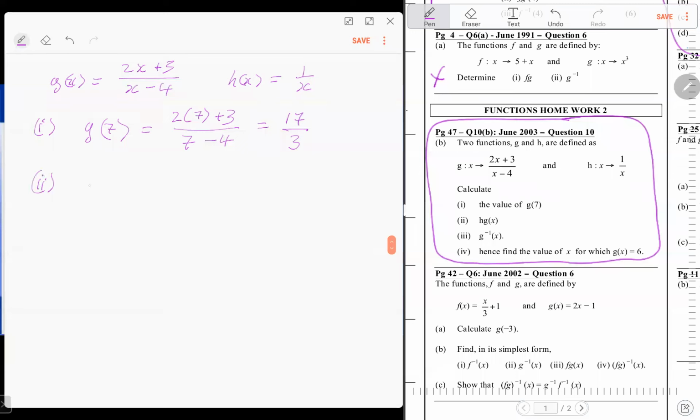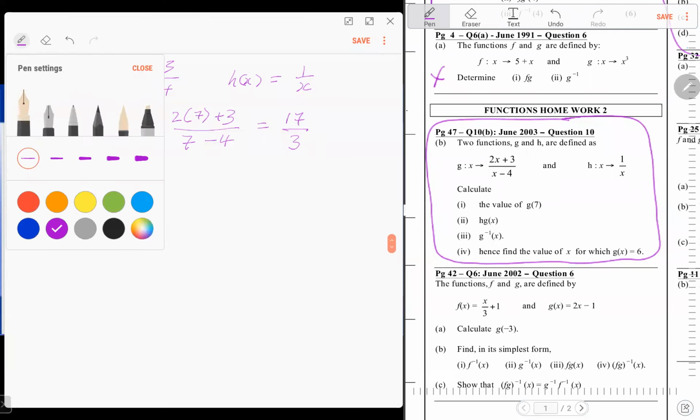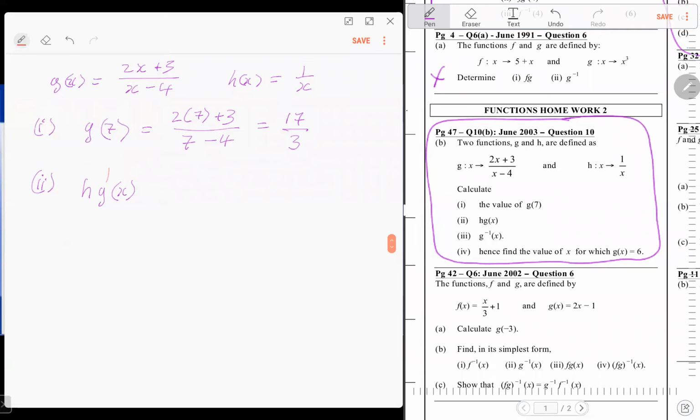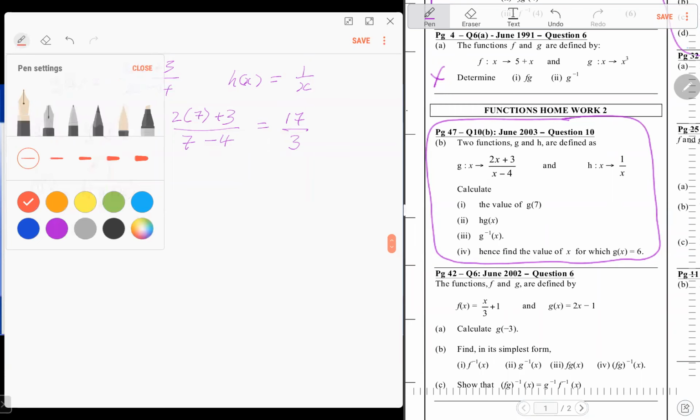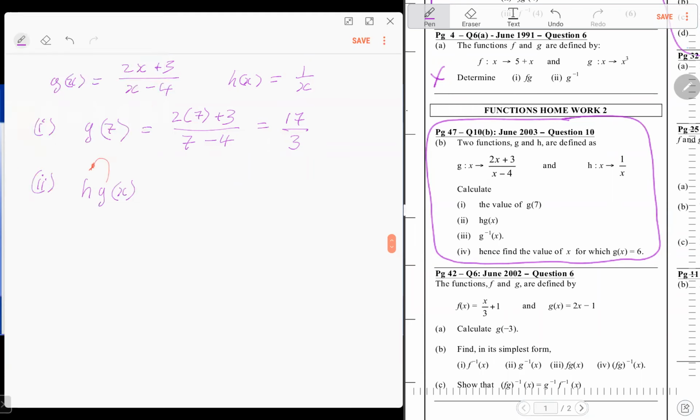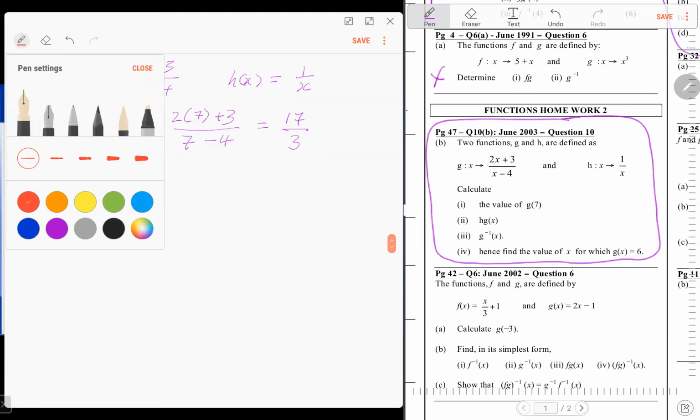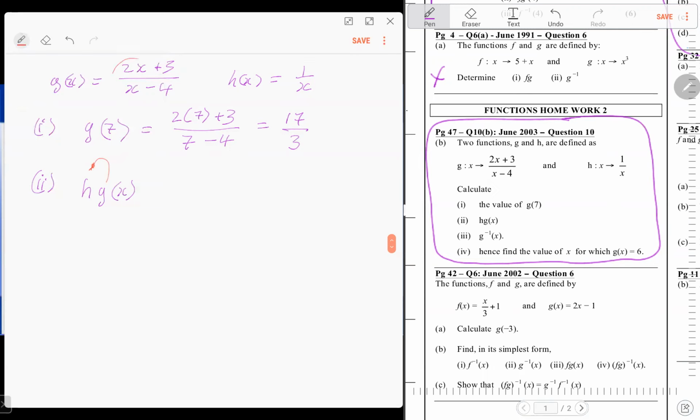wants us to find h of g of x. Remember, h of g of x means g into h. So it means that we are putting all of g into h right here. That is our form for a composite function.